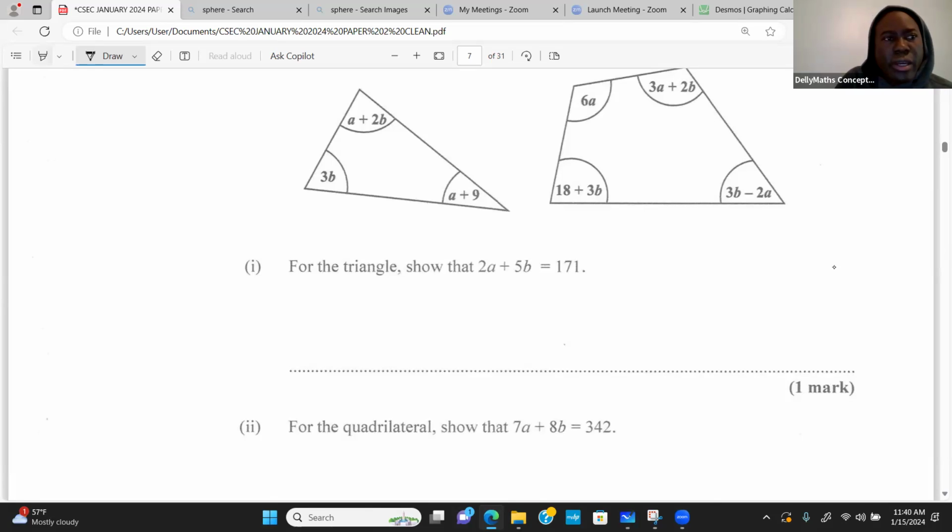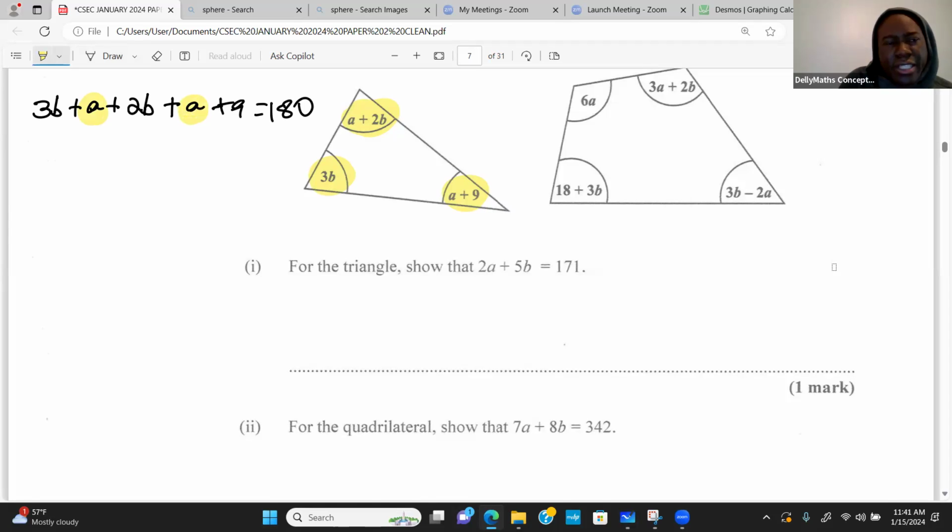So what we're going to do here is take these angles of the triangle and add them, and it should come to 180 degrees. So let's go: 3b plus a plus 2b plus a plus 9 is equal to 180 degrees. We're going to simplify this by putting together the like terms.